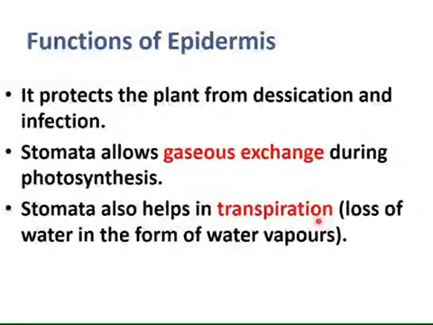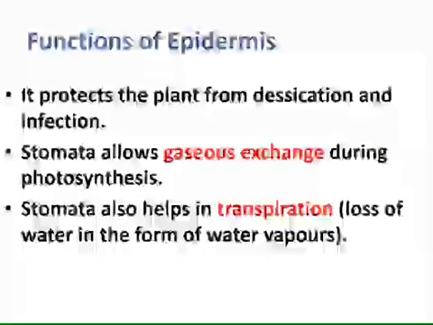Carbon dioxide is absorbed and oxygen is released during photosynthesis. So this gaseous exchange is done by stomata with the help of guard cells. The next function of stomata is that it helps in transpiration. Now what is transpiration? Loss of water in the form of water vapors.